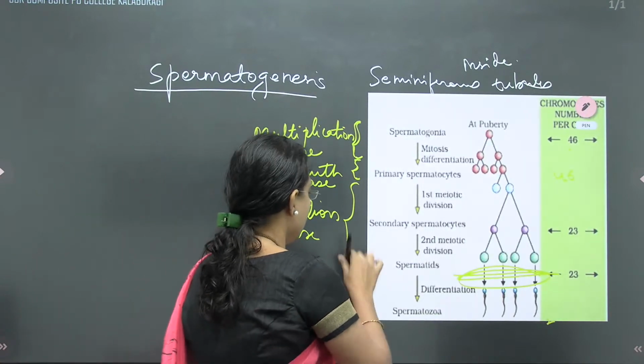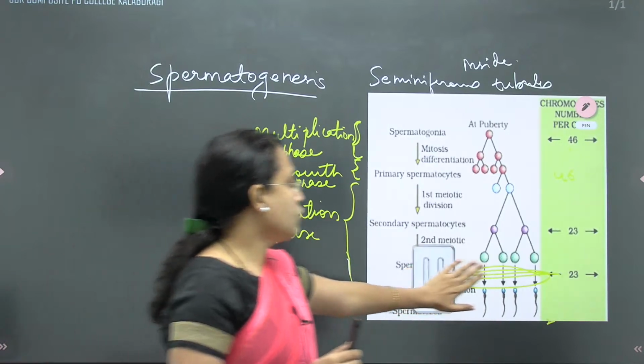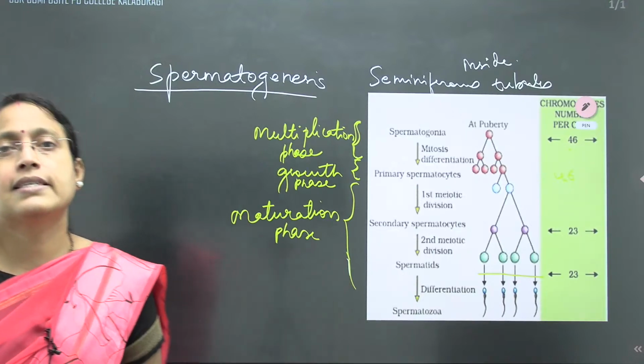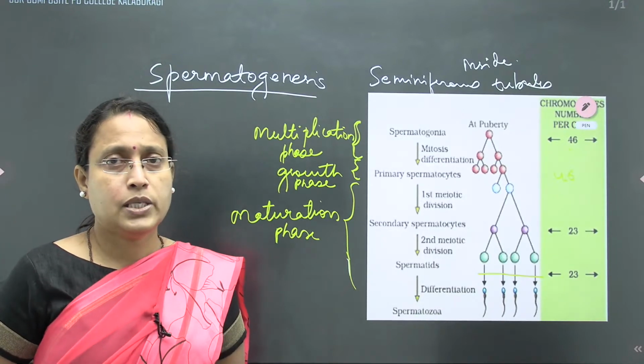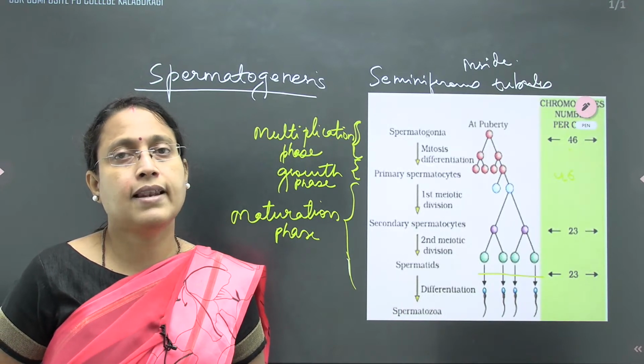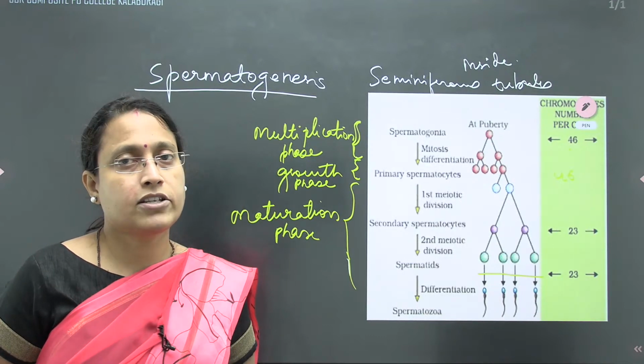So maturation continues here. The term which you should know here is spermatogenesis. What all changes can occur here? Spermatid is quite bigger in size, so cell size reduction occurs. How does the cell size reduction occur?